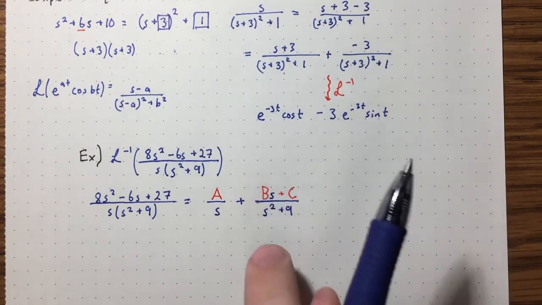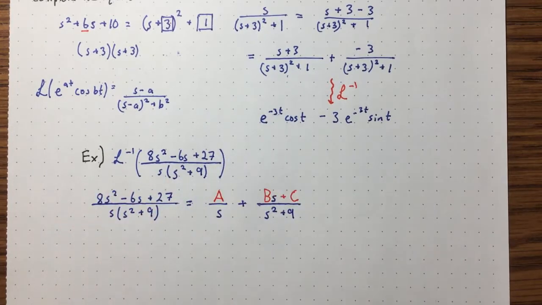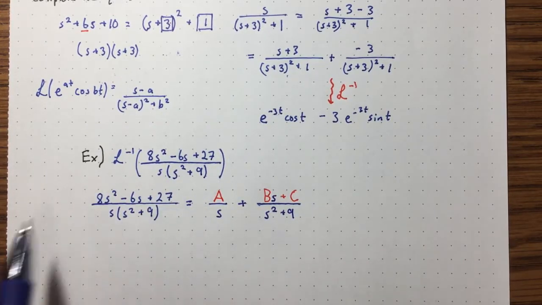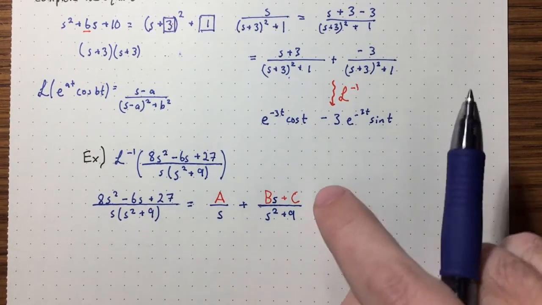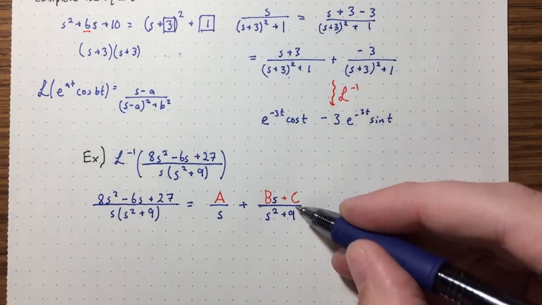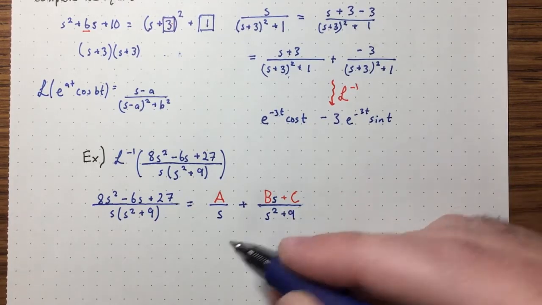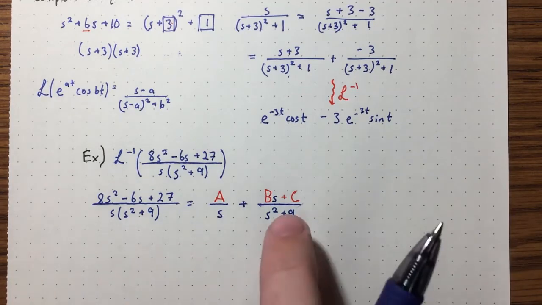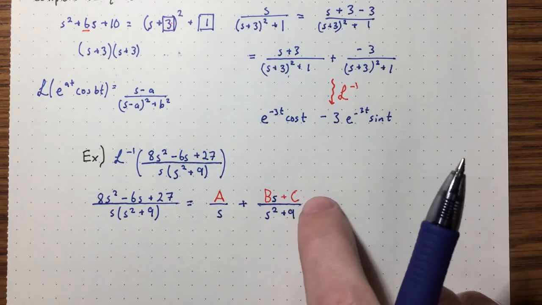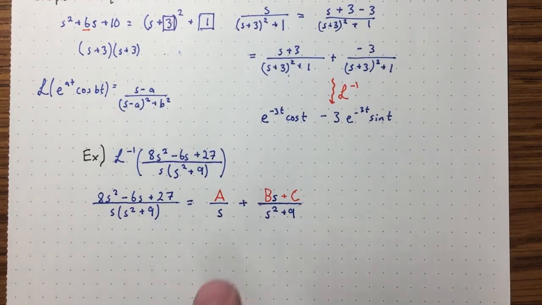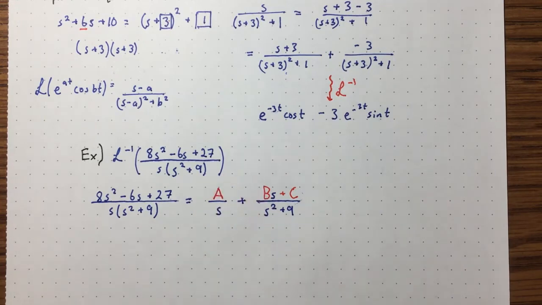If we just put b over s squared plus 9 and then added those together, it turns out you won't always be able to get anything you want in the numerator. And so we always choose the form of the numerator to have degree 1 less than the denominator. So if this were a cubic, I would have to write a quadratic, bs squared plus cs plus d. And this one I could get away with a constant just because we had a linear function here. So I just need a constant a.